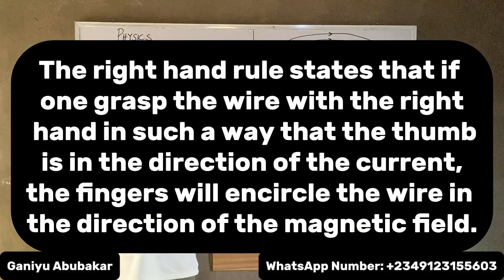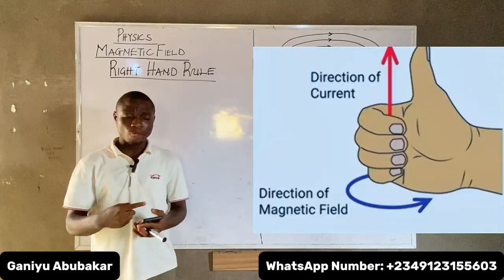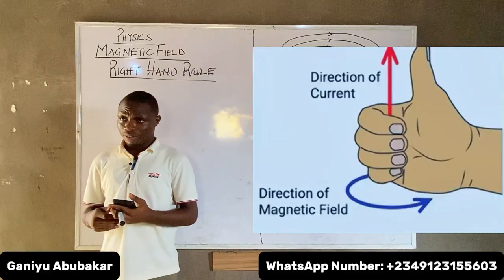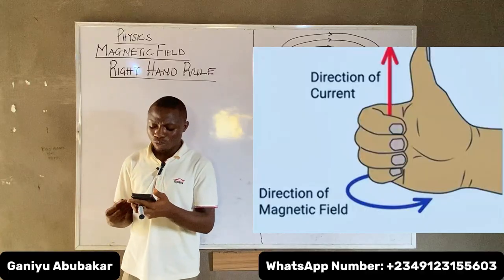As you can see, the diagram of the right hand rule is displayed on my left-hand side. What do we mean?